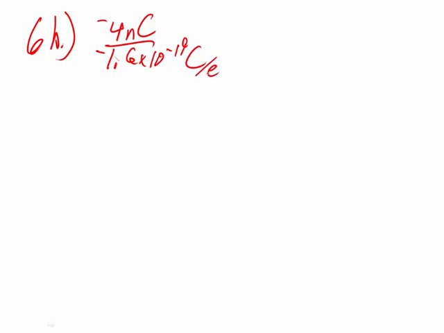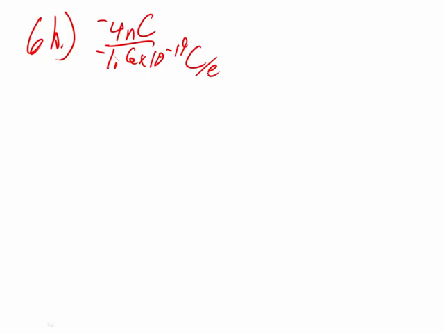All right, now we want to find out how many electrons were added. Well, we just divide. So we take what? We take 4 times 10 to the negative 9th and divide it by 1.6 times 10 to the negative 19th. And we come up with what?